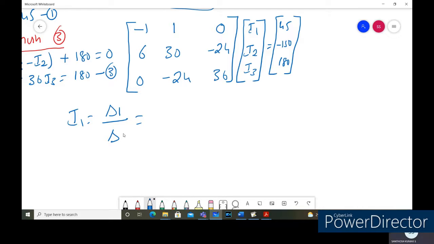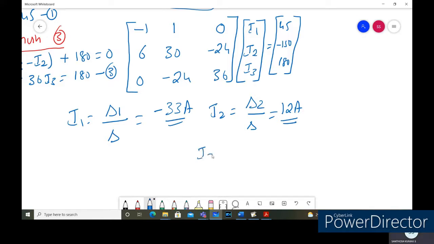And we got the values for the mesh currents. I1 will be equal to minus 33 amperes. Also I2 is delta 2 divided by delta, so the value for I2 is 12 amperes.